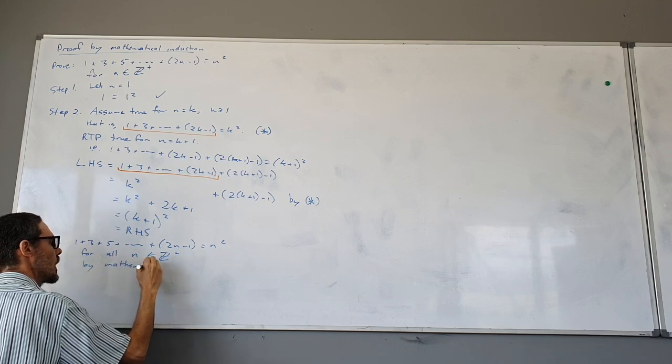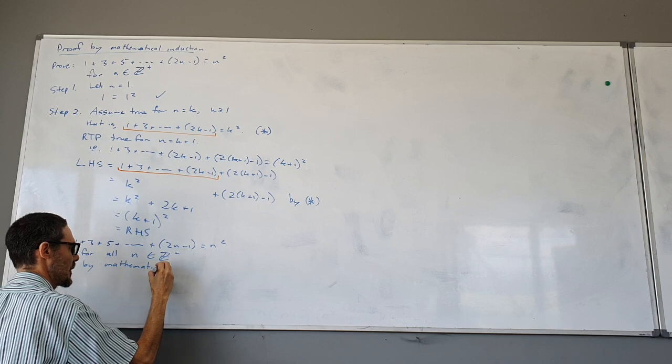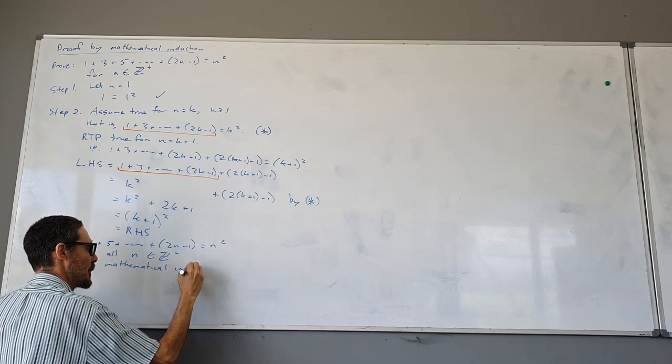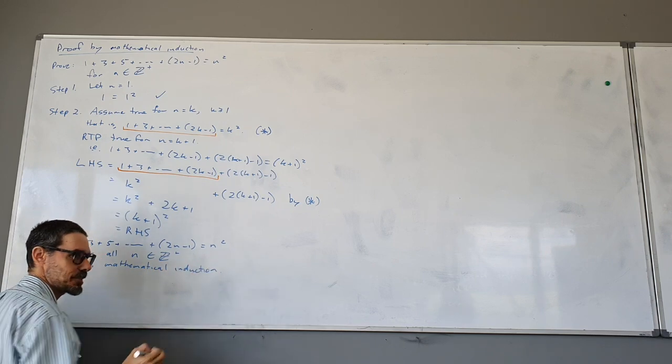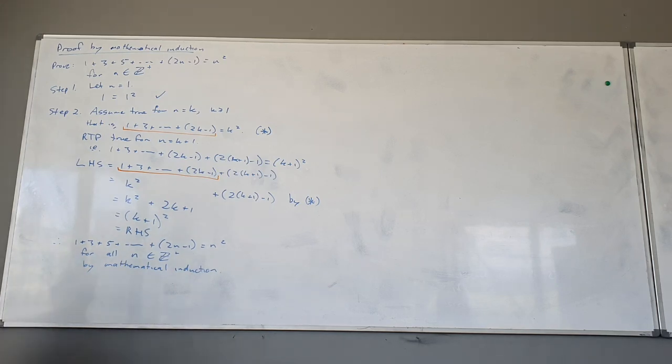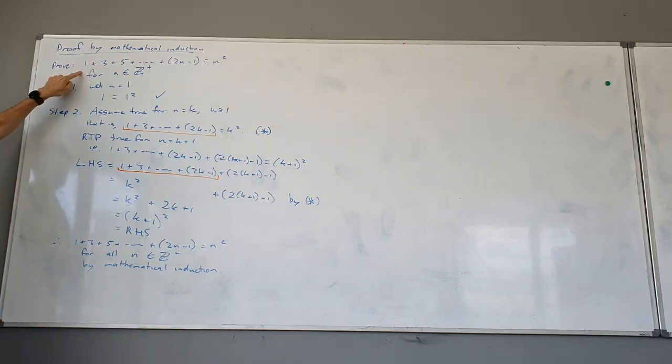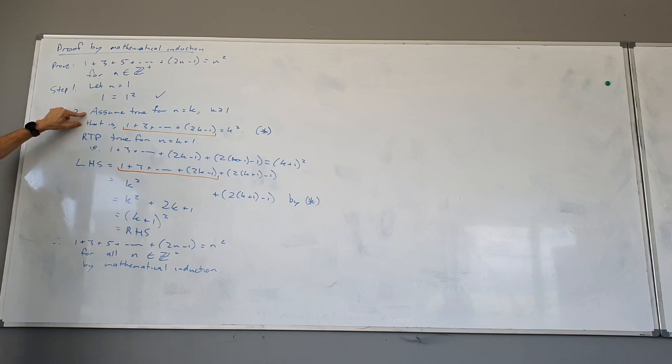What's RTP? Required to prove. You're about to see that a lot. So I have to prove this. Step 2 is assume it's true for k, and I'm required to prove it's true for k plus 1.